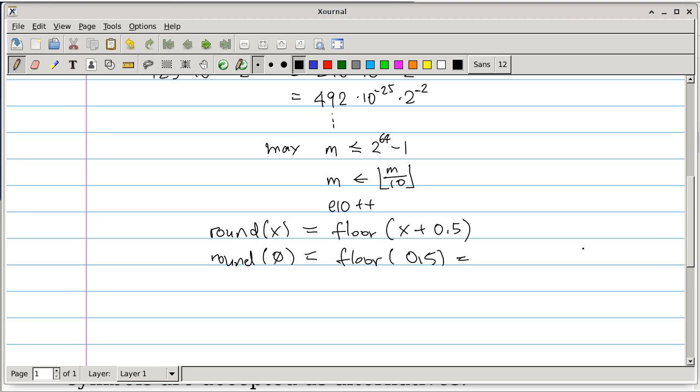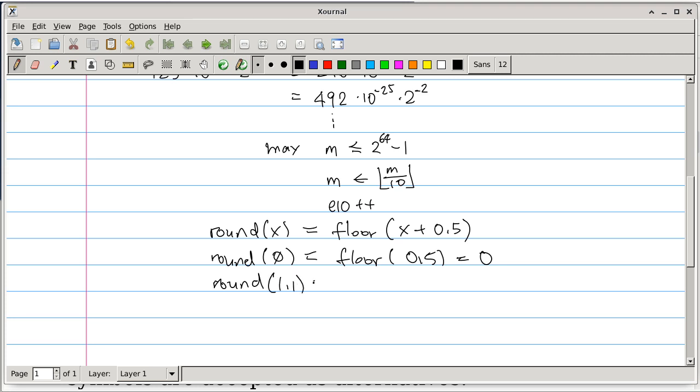What do you think? Yeah, okay, that works out, because the floor of 0.5 is just 0. Does everybody know what is floor? The floor is the largest integer that is less than or equal to whatever number you're taking the floor of. Okay? So let's try something that is fractional.